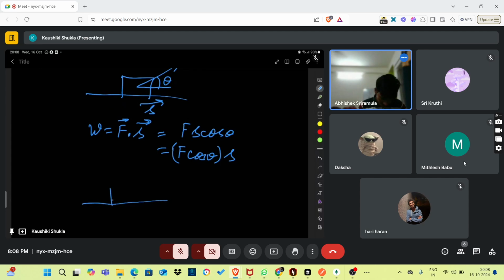If you see here, the force has two components: one is F cos theta and the other is F sin theta.